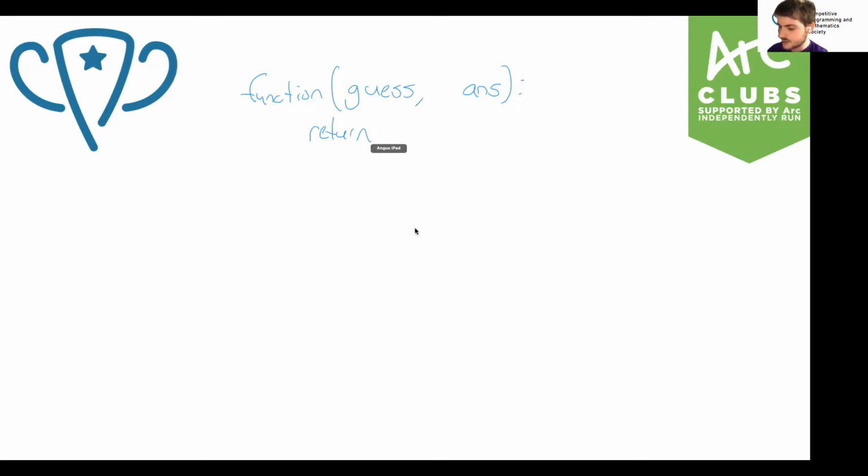In this case, we have G's, Y's, and dots. You can write this function just by going through the cases. You loop through the guess, and if the guess letter i is the same as the answer letter i, you put a G for green there. If the guess letter i is in the answer but at a different spot, you put a Y, otherwise you put a dot, and return the string.